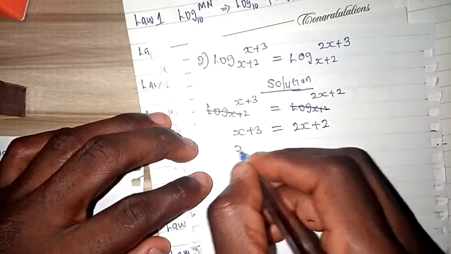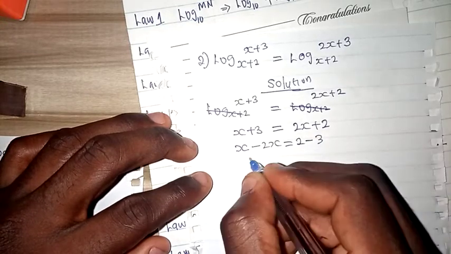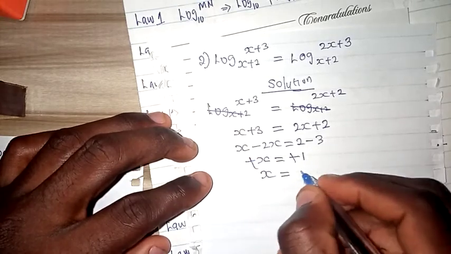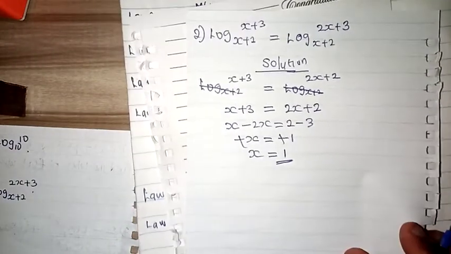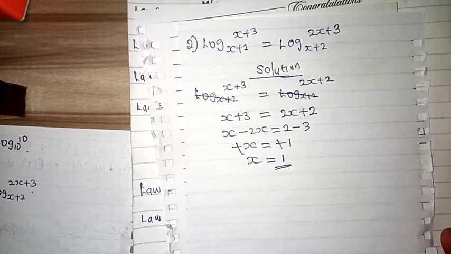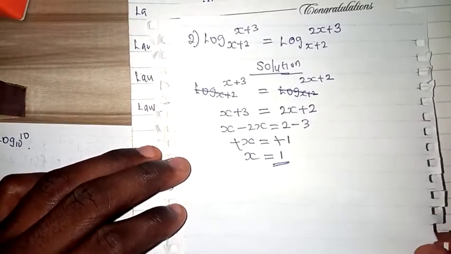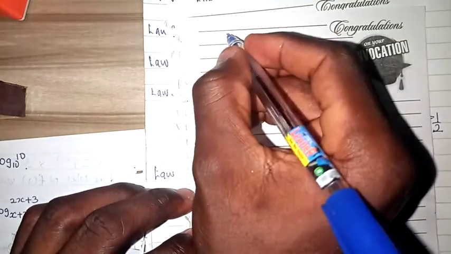Then collect like terms, we have x minus 2x equal to 2 minus 3, minus x equal to minus 1. x equal to 1. That is the solution to this one. I can use another method to solve it, but I'm not going to use that. If you want to know the second method, you can search for it on my YouTube channel. Now let's get to the solving of the third example.